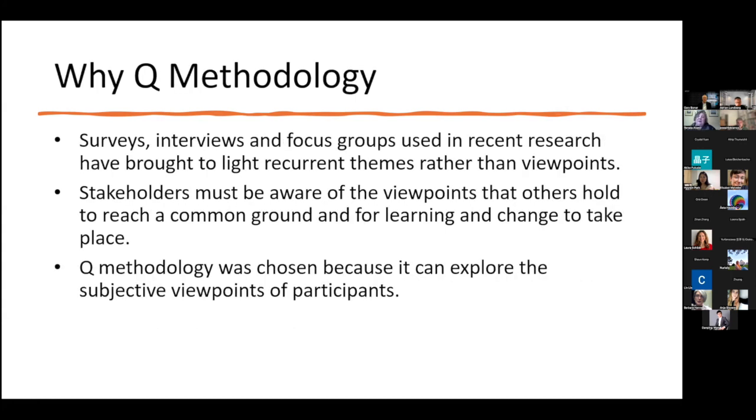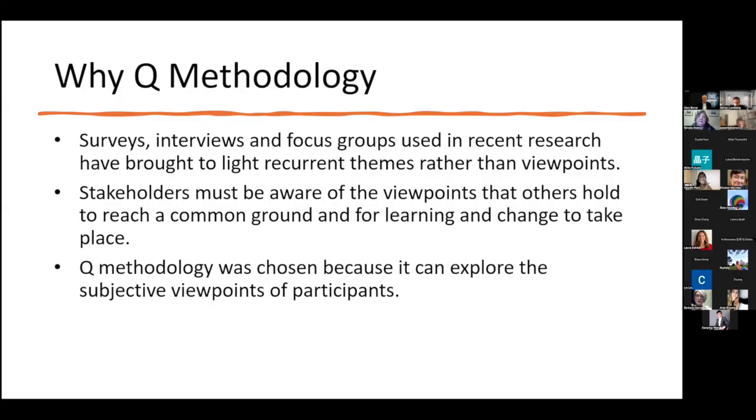Why use Q methodology? That's really simple. A range of methodologies such as surveys, interviews, and focus groups has been used in research about languages education. What they have brought to light is recurrent themes rather than perspectives.